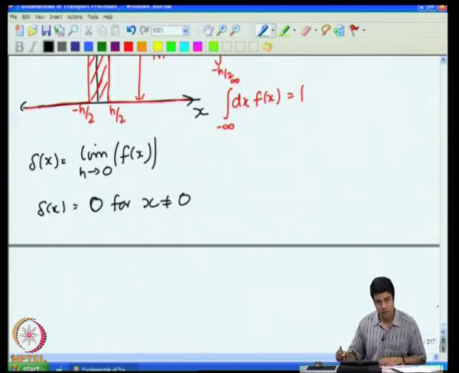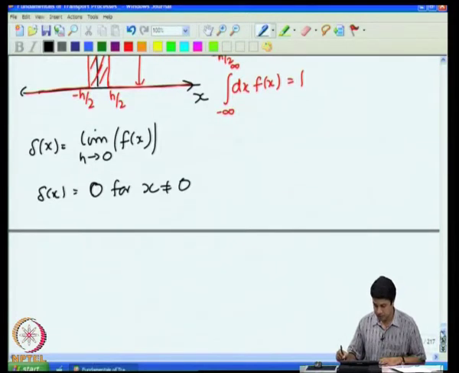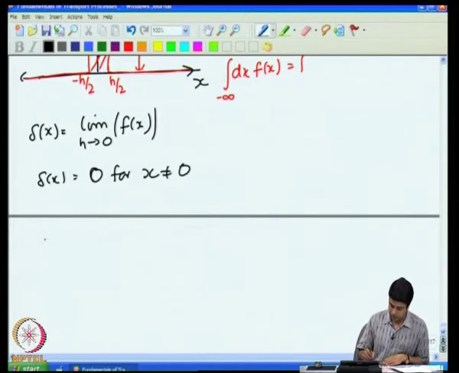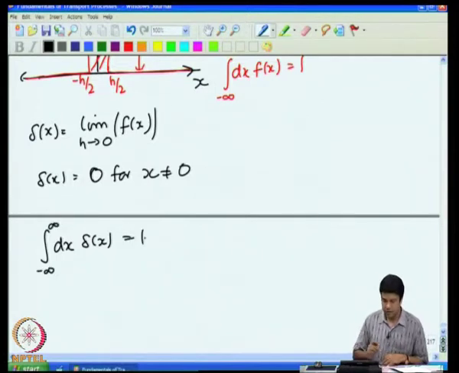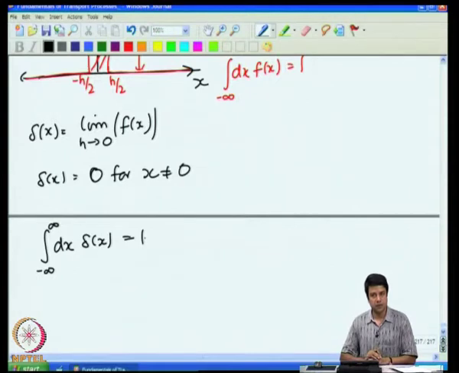At x equal to 0, the value of the delta function is strictly speaking undefined. However, I have an integral condition: the integral dx delta of x, from minus infinity to infinity, has to be exactly equal to 1.